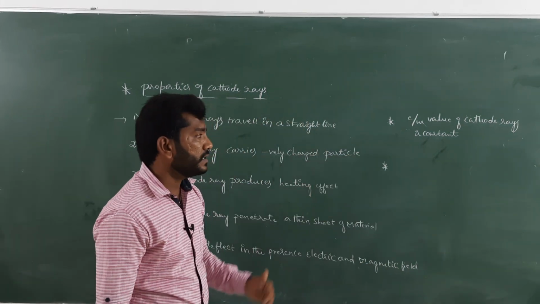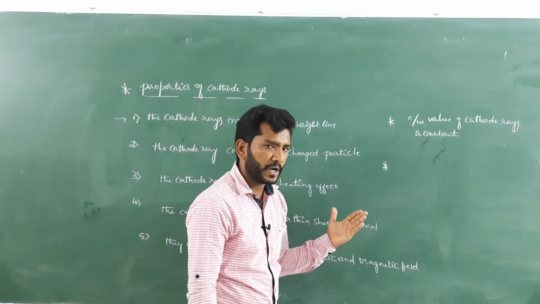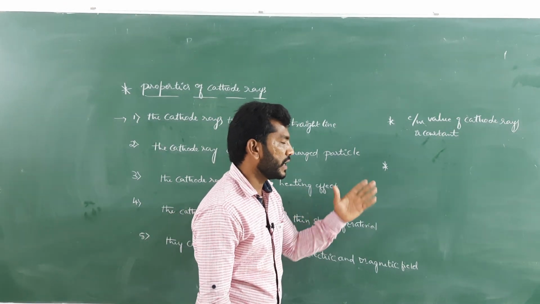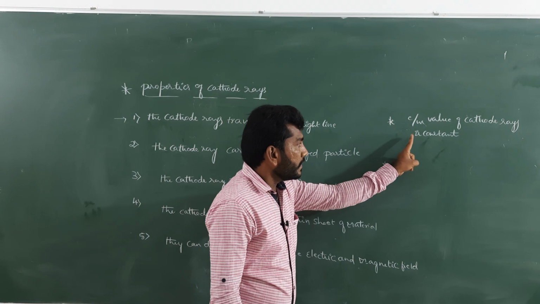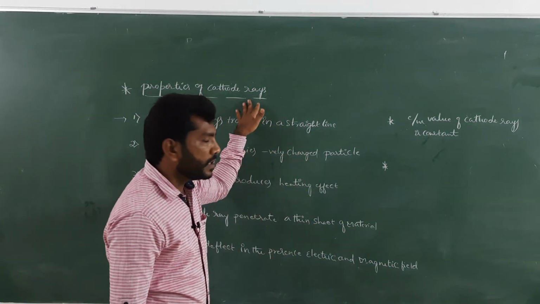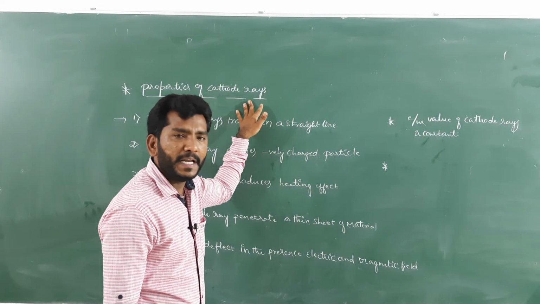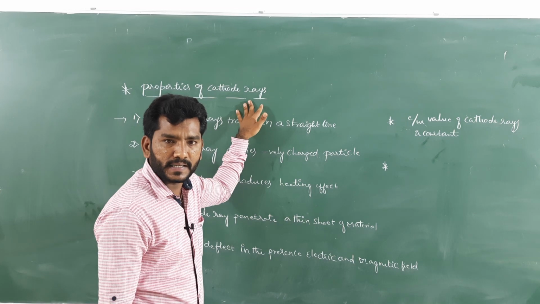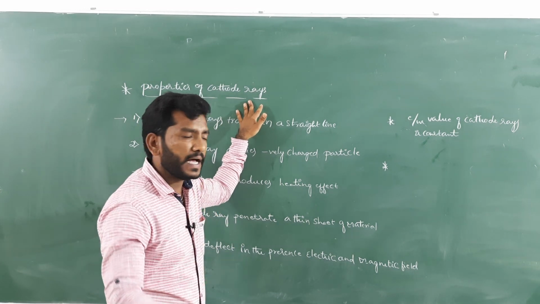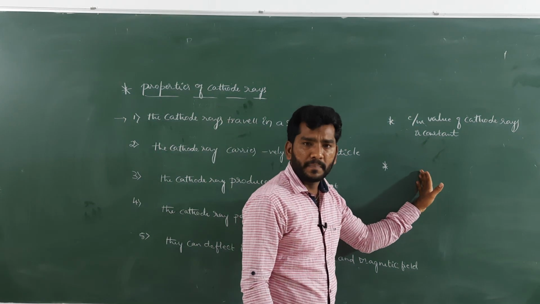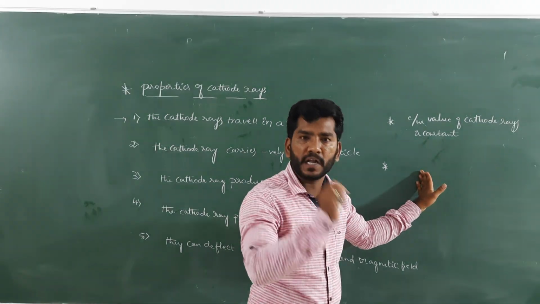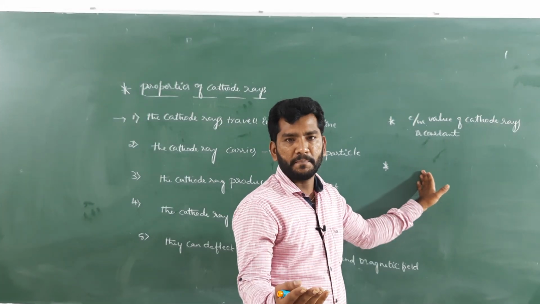Next, one more important property belongs to cathode rays: they are independent of the nature of the gas, and also independent of the material of the electrode.